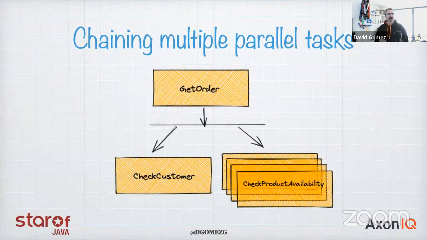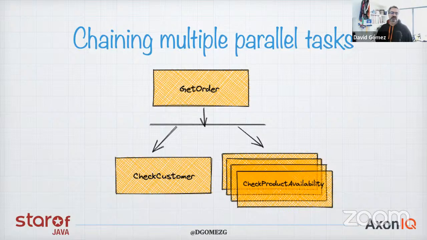What if one of the things that we need to do is check the customer, but also check with the warehouse or with the inventory service if any of the products included in the order have availability, if we can provide those?